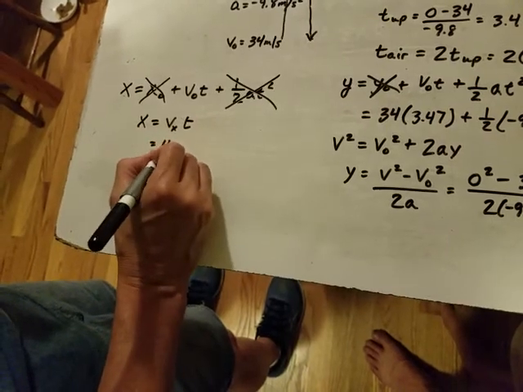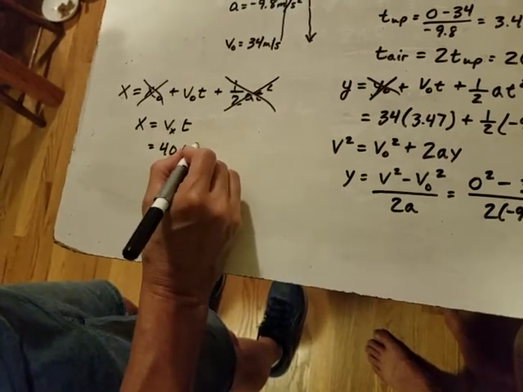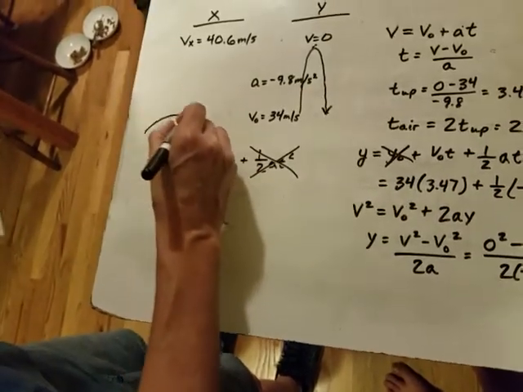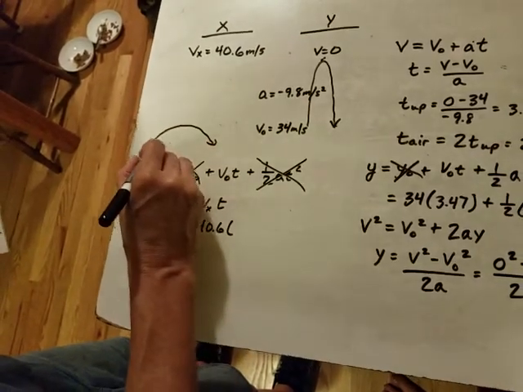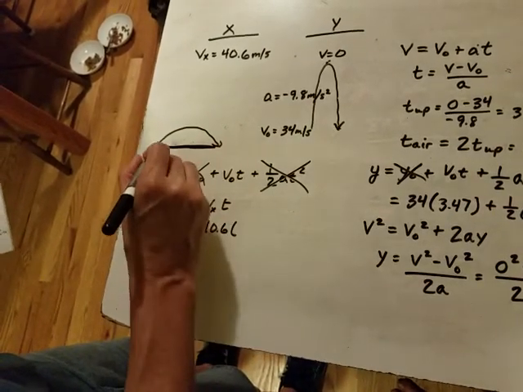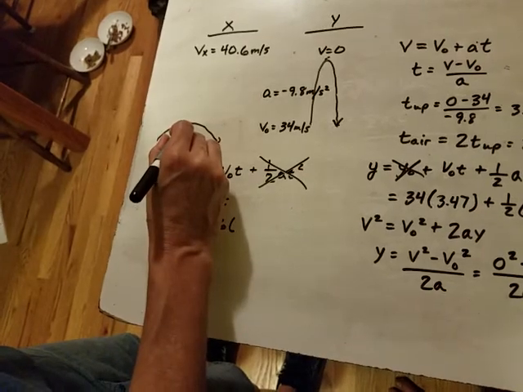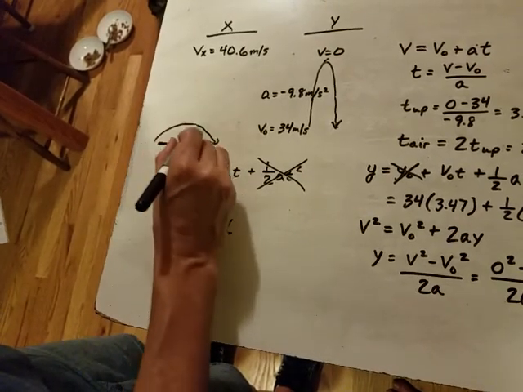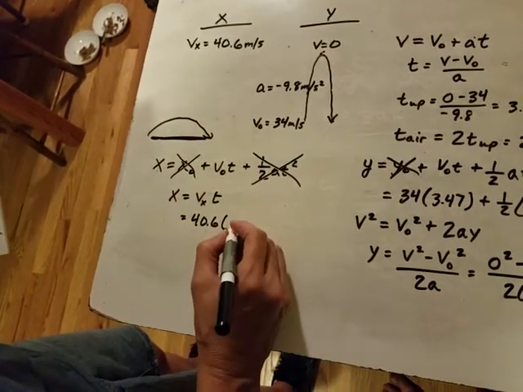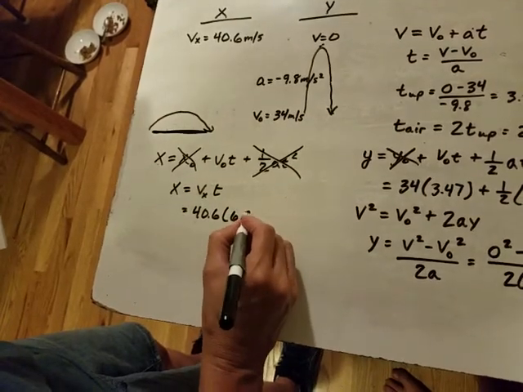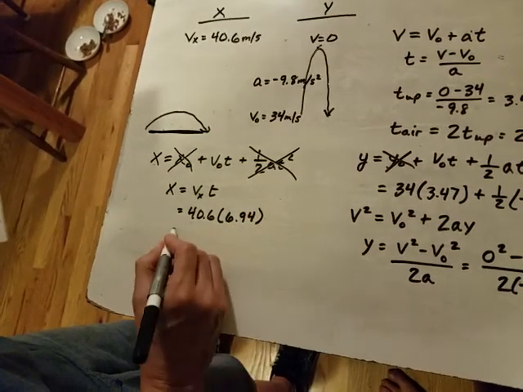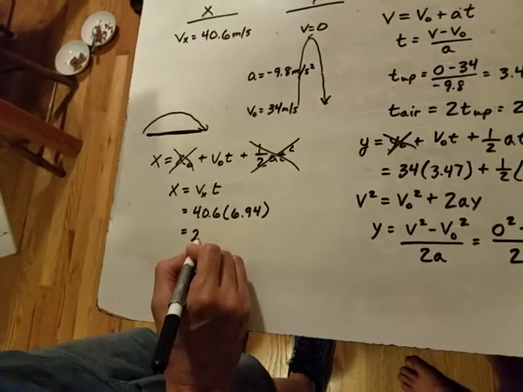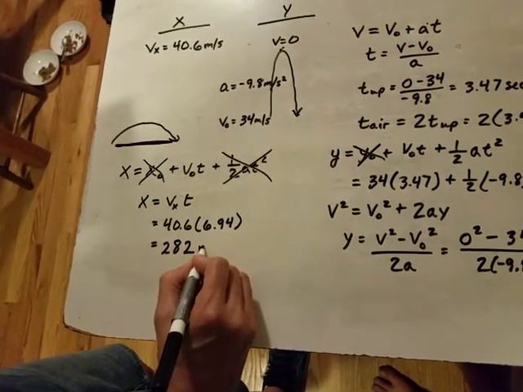And this is going to be 40.6. And then here, because we want the entire distance that it's traveling, so this whole thing right here, we don't want just the time up. That would only get us to here. We want the whole time in the air. So we're going to use the 6.94 seconds. And that is 282 meters, which is a long shot.